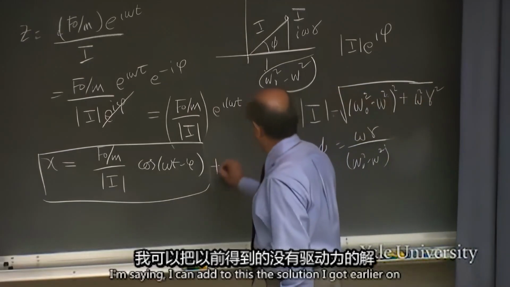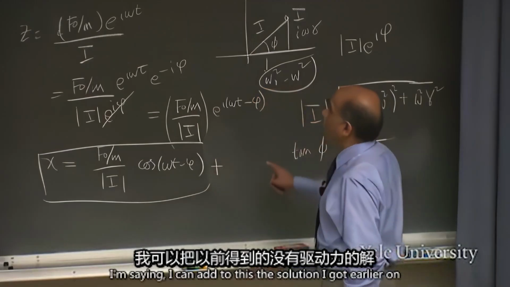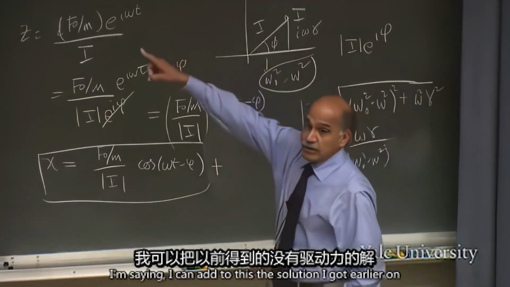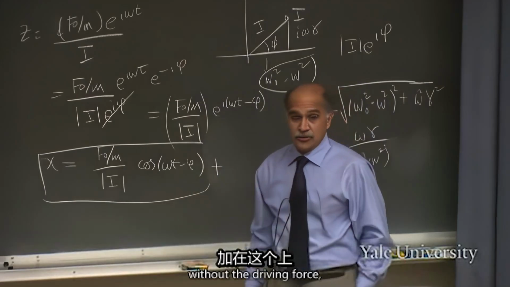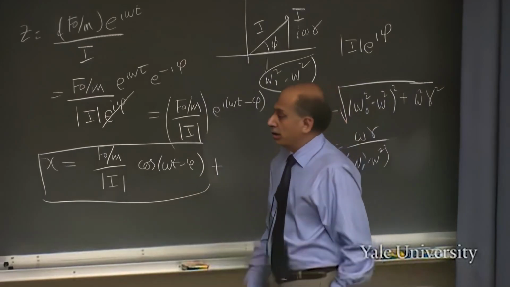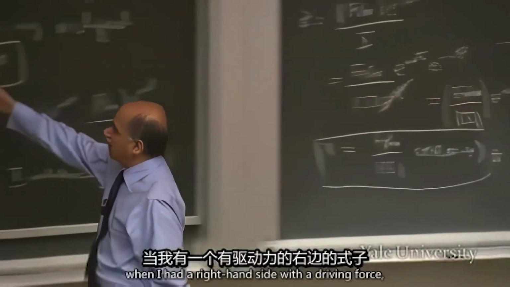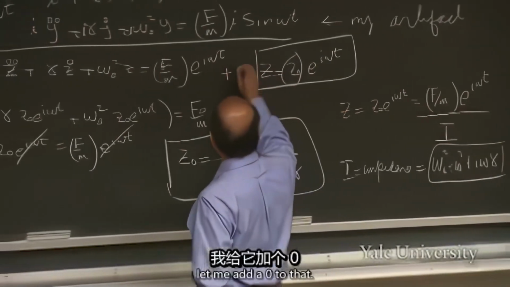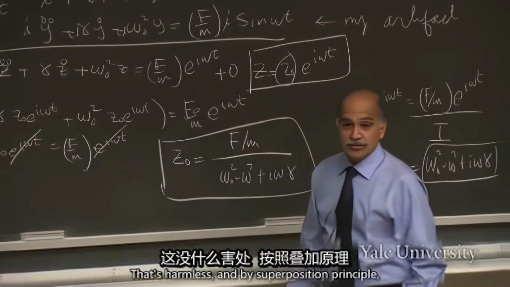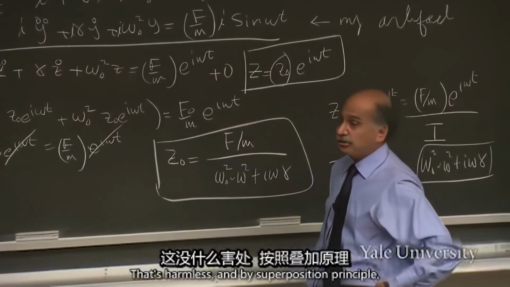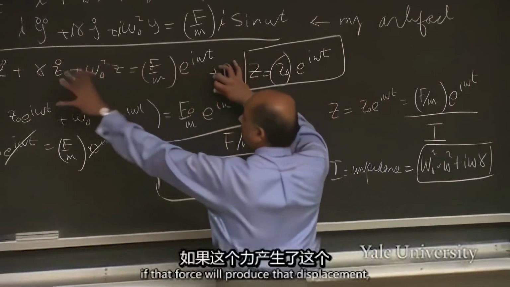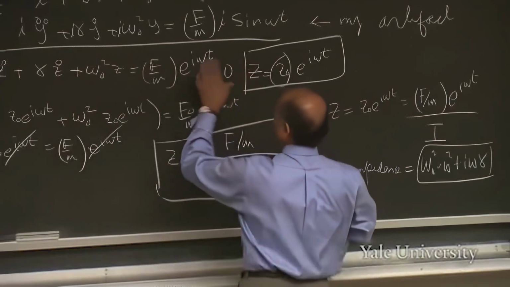I'm saying I can add to this the solution I got earlier on without the driving force. Because in this problem, when I had a right-hand side with a driving force, let me add a 0 to that. That's harmless. And by the superposition principle, if that force will produce that displacement, 0 will produce what?